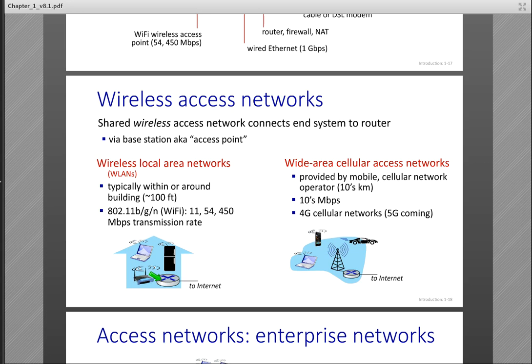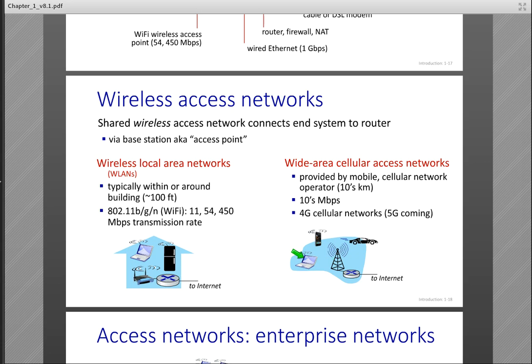When we talk about accessing the internet via a wireless network, we need special equipment. We call it a base station. A base station is an antenna.